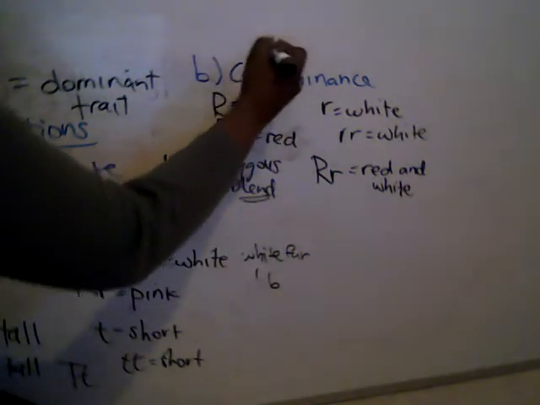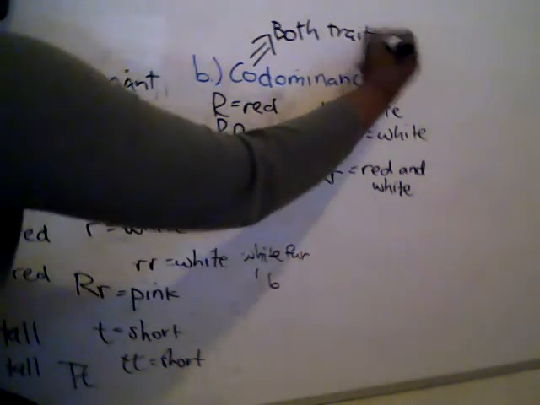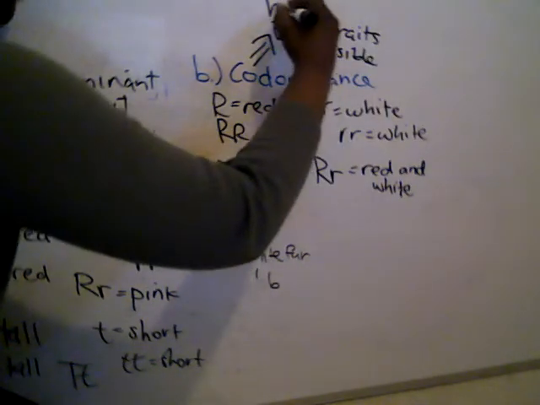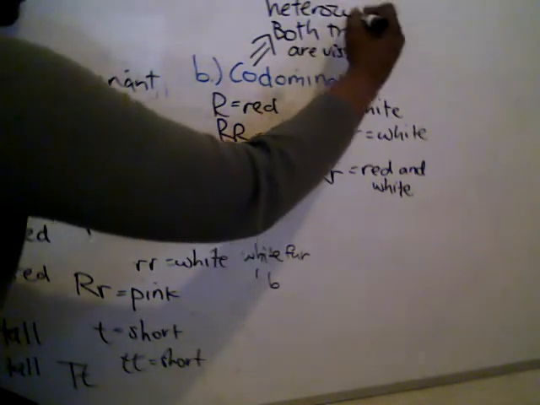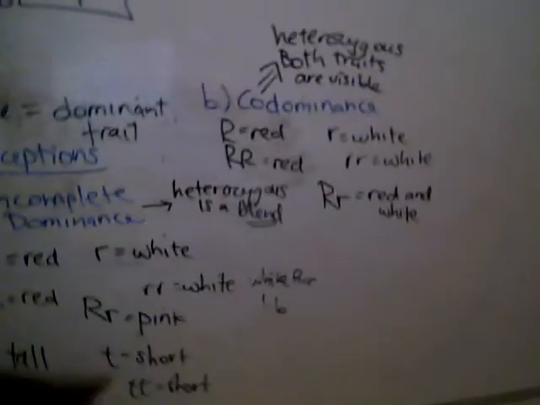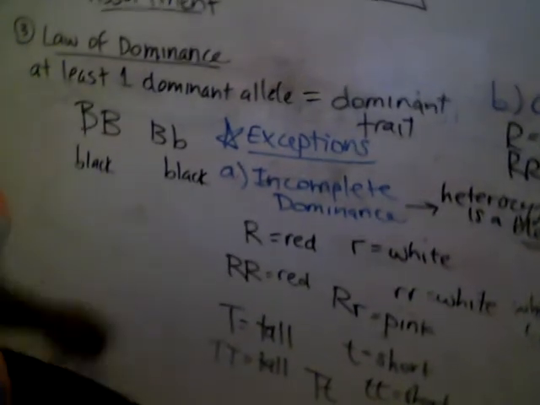So codominance is both traits are visible. Okay? And this only again applies to the heterozygous. Because it's straightforward when we have big R, or little r, but for the heterozygous, that's where it gets a little bit iffy.